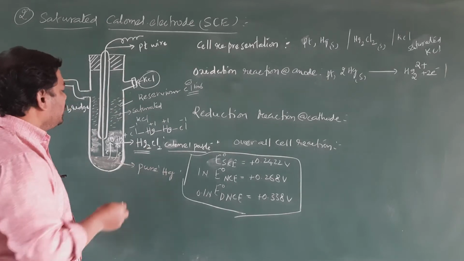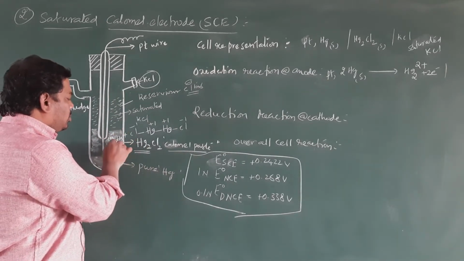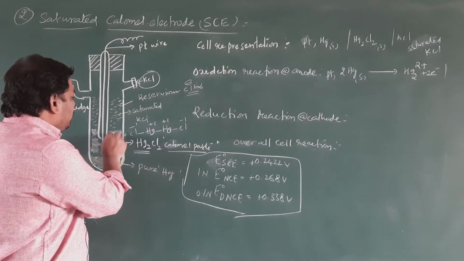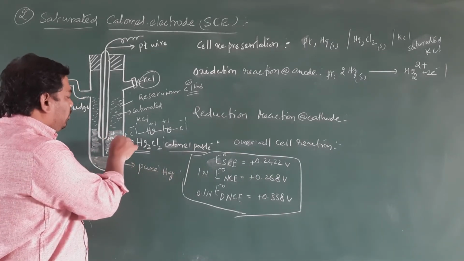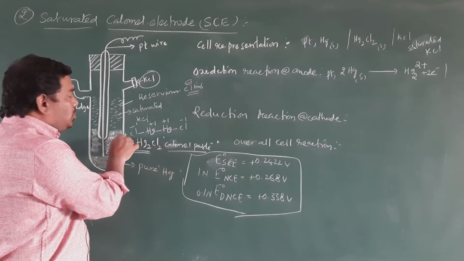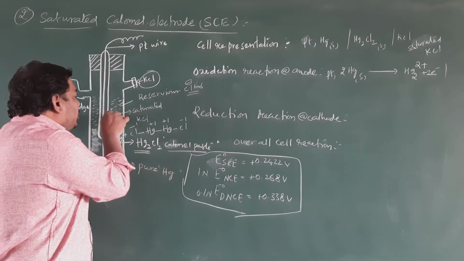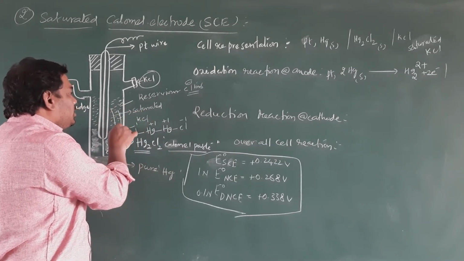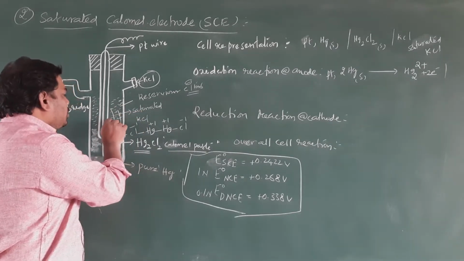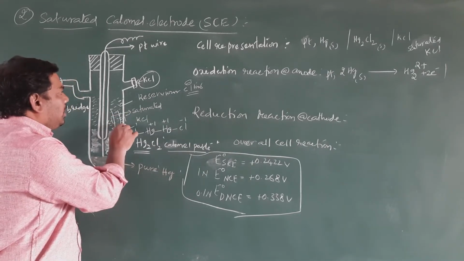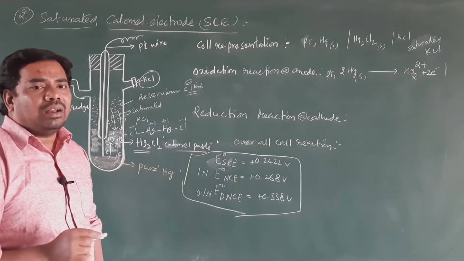These mercurous ions are in an electron-deficient state, so these positive ions are balanced by taking chloride ions which come from the saturated KCl solution. That's why we call saturated KCl the reservoir of chloride ions.